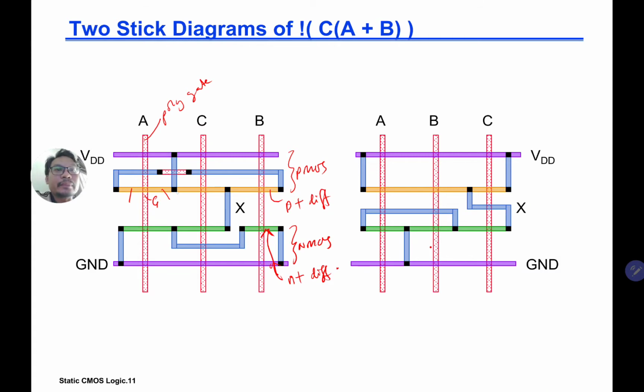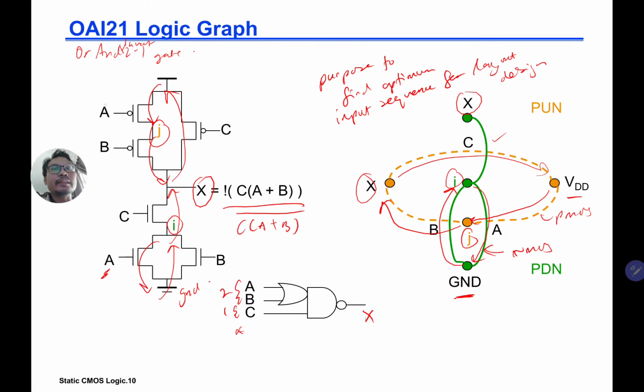Here is connected to VDD, so A has its source connected to VDD, and the drain of the A transistor is connected to possibly the source or the drain of transistor B. So A is connected to VDD and B, and B is connected to A and X.